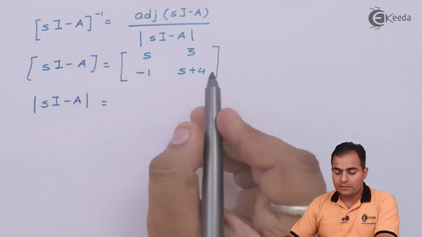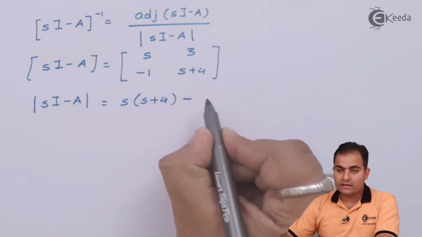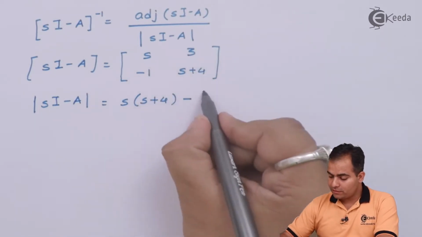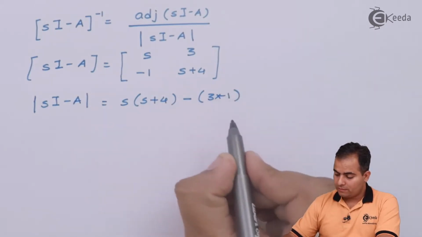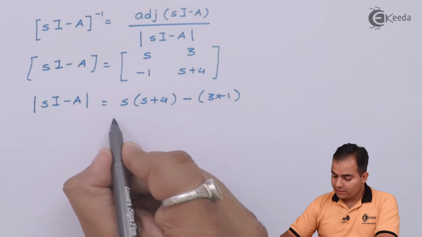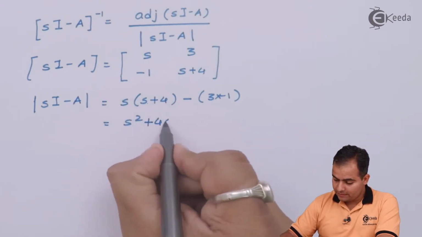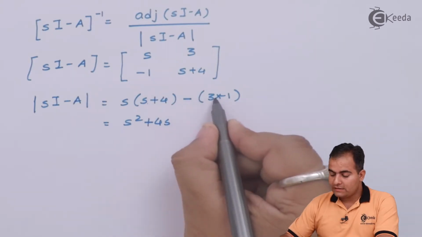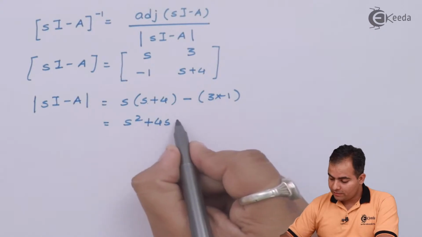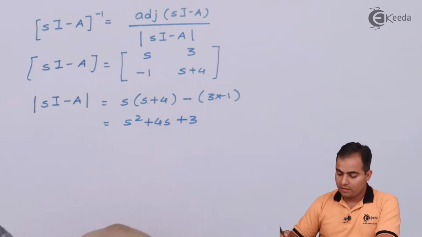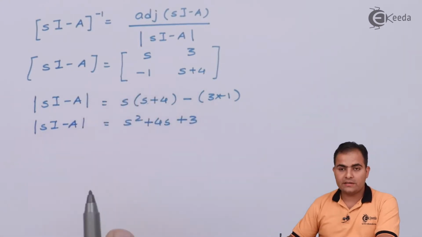So s into (s plus 4) minus the product of these two values. s into s is s square, s into 4 is 4s, but minus 3 into minus 1 is plus 3. So this is my determinant value of this sI minus A matrix: s square plus 4s plus 3.